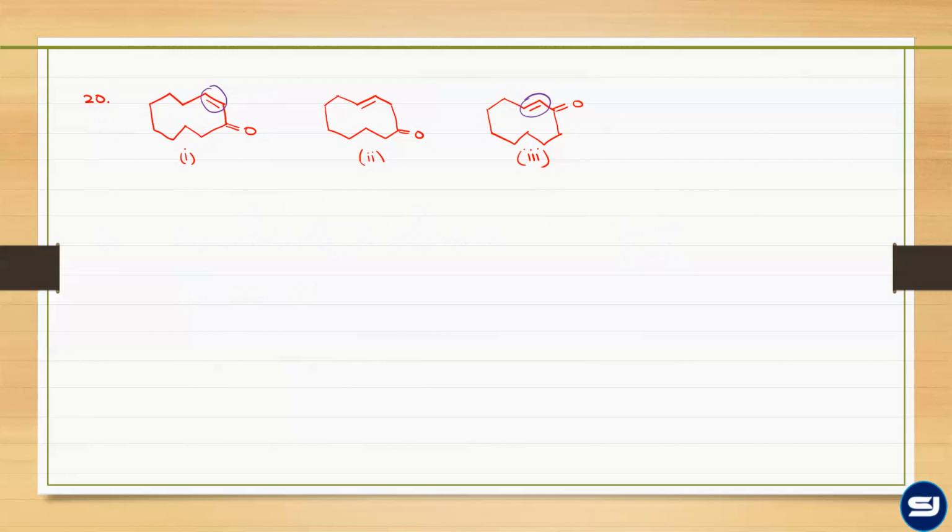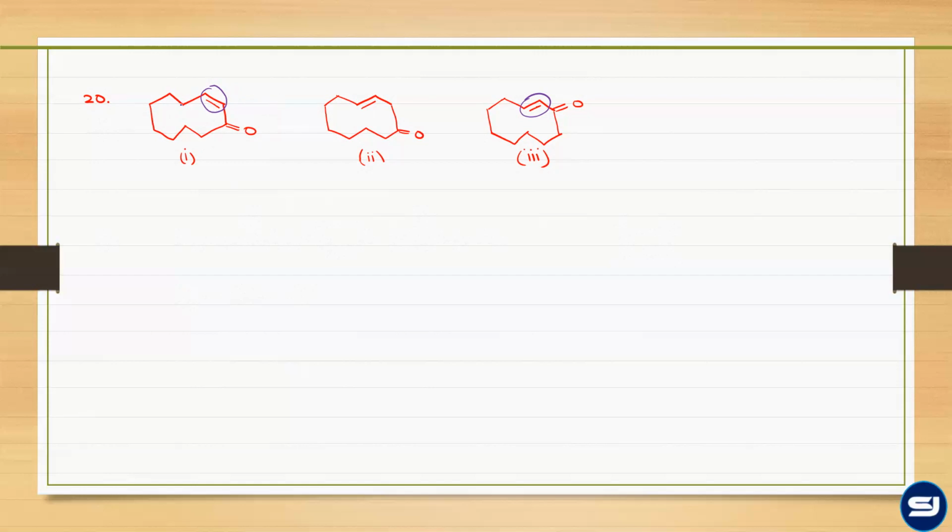It does. It does make a difference. Because in a cyclic ring, the way in which we are showing the cyclic ring, it doesn't exist in the same form. It exists in a proper conformation. So based on the conformation, the double bond placement will have a difference in their structure also. These two are not identical structures.